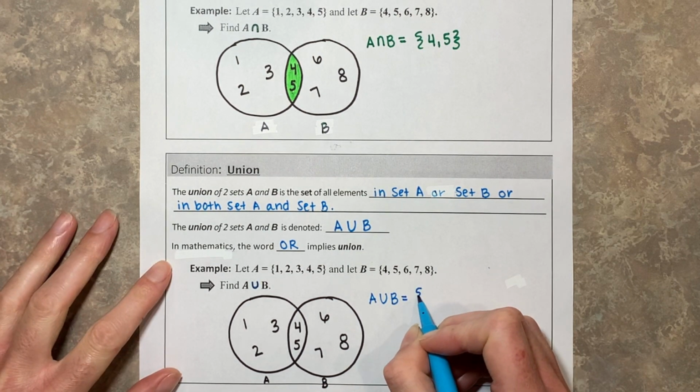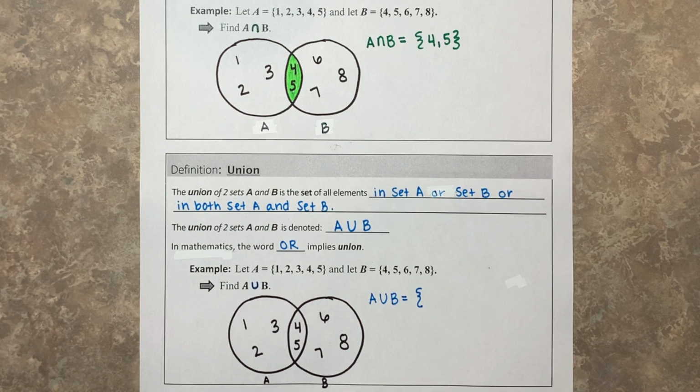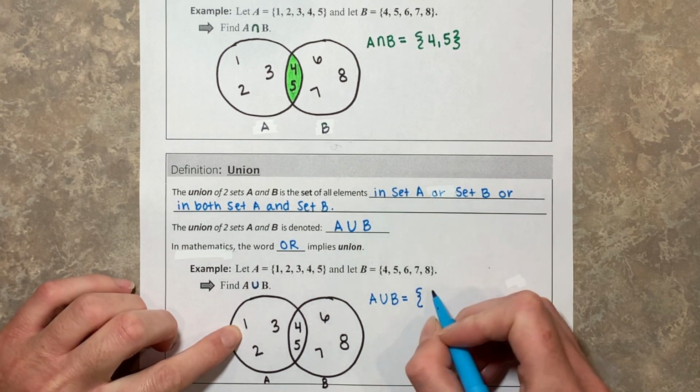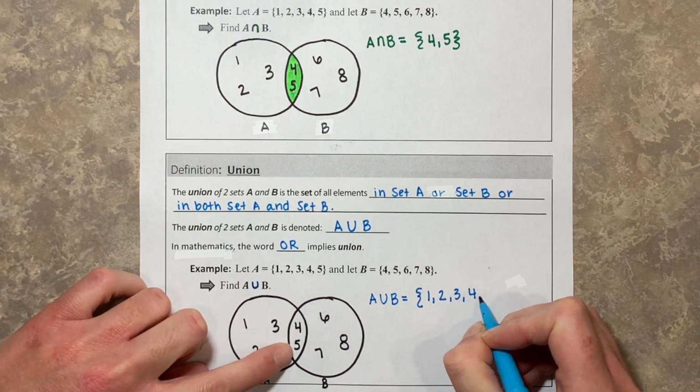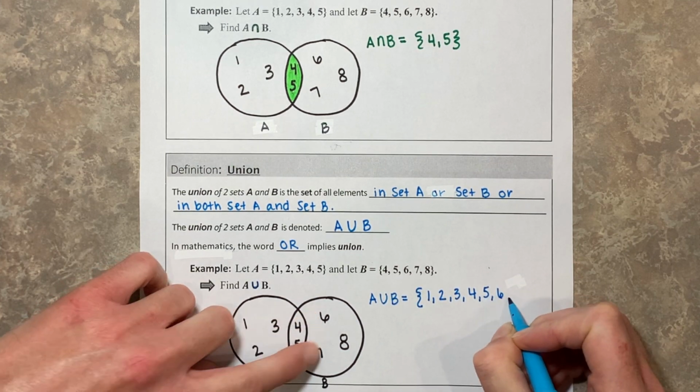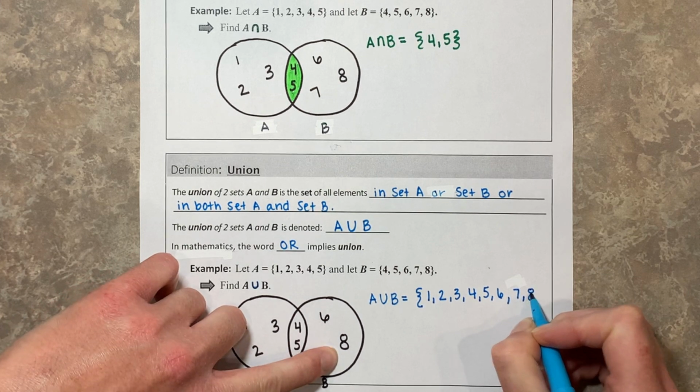So again, we'll use the set notation, and then for the union, we just list all of the numbers in both sets. 1, 2, 3, 4, 5, 6, 7, and 8.